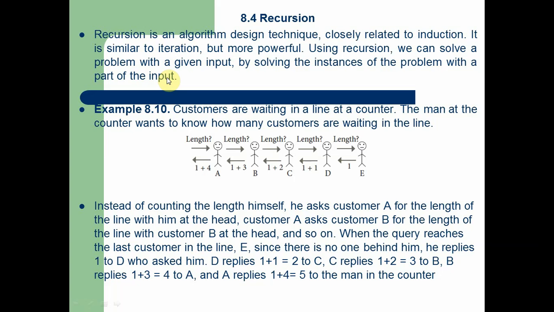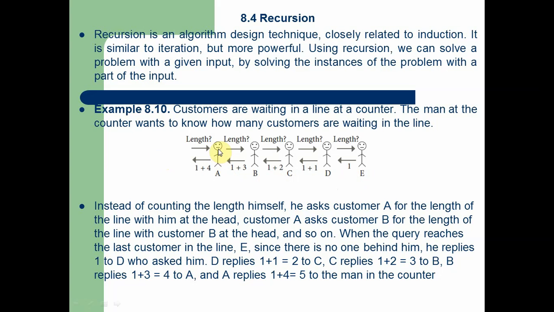Instead of counting himself, he may ask the first customer to tell what is the length of the line, and the first customer will ask the second customer. For example, there are five customers, namely A, B, C, D, E in the queue. The counter person asks A to tell him how many customers there are.